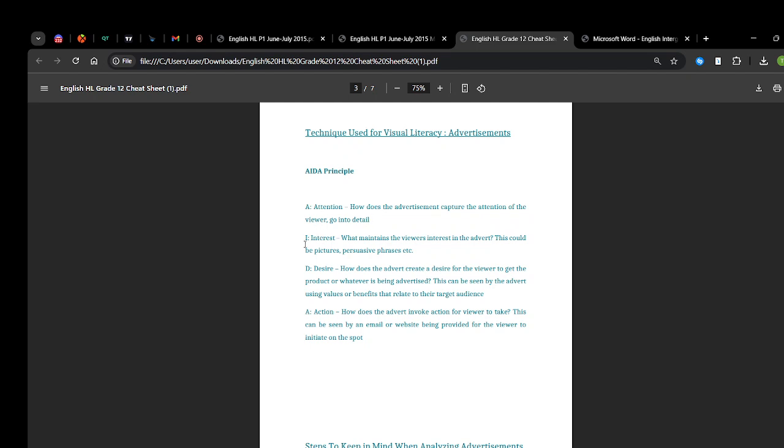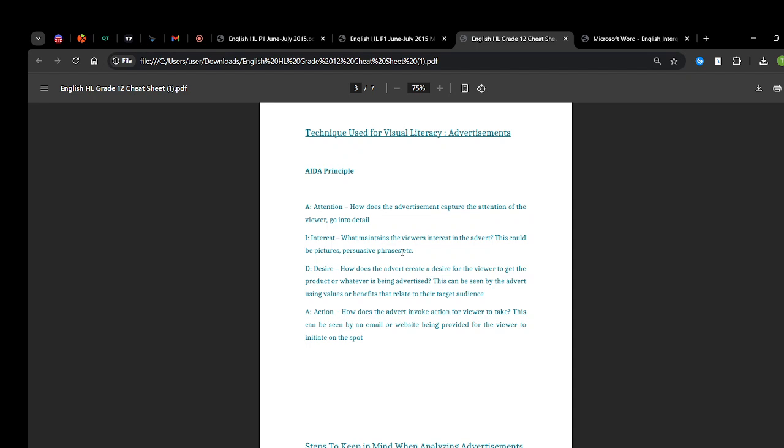Then we go to the next one, interest. This is what the I stands for, and it wants you to elaborate on what maintains the viewer's interest in the advert. It might be certain phrases, pictures, or persuasive phrases that relate to the target audience. That's what maintains the viewer.